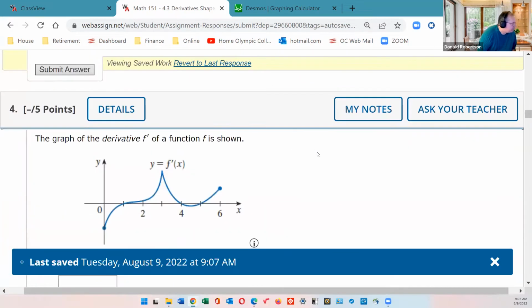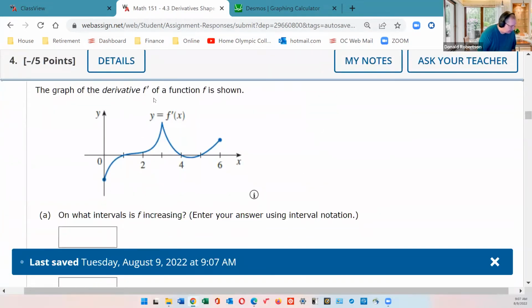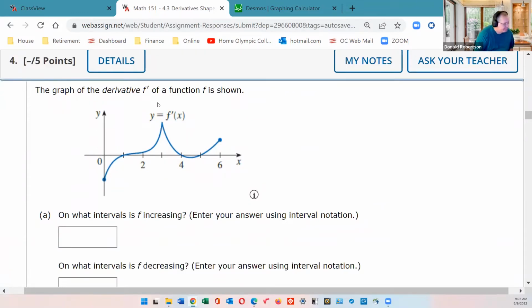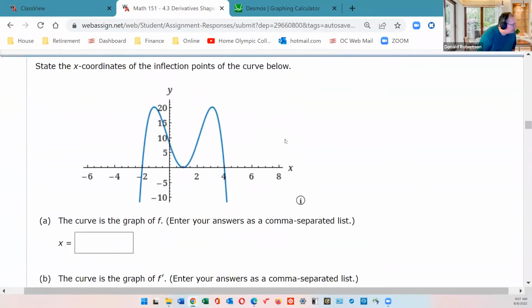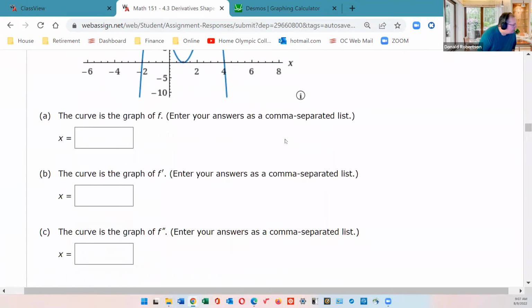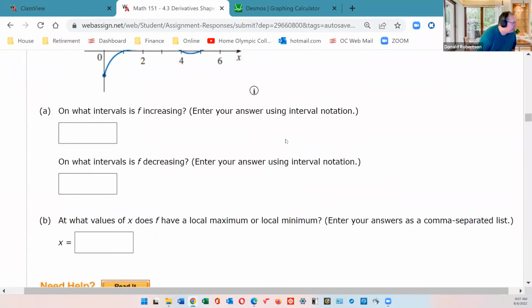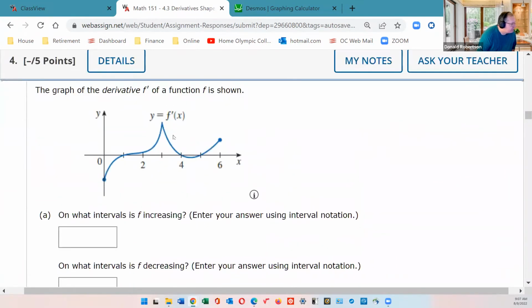I'll skip that for a minute. Here is a second derivative. Is it a second derivative? Not still a first derivative. They're not going to show you a second derivative, that's fine. So this one, when is it increasing, when is it decreasing?